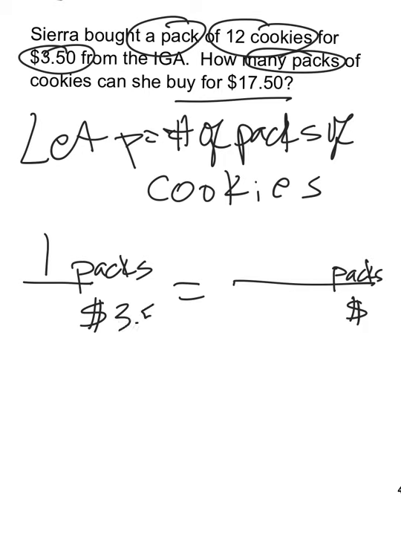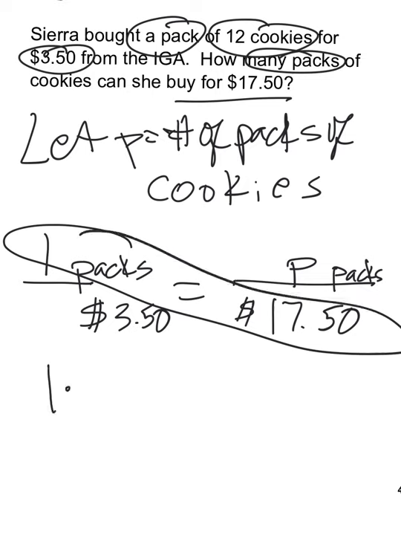is $3.50 equals, we don't know how many packs of cookies, so I'm going to put my variable there. And we do know that that is $17.50. I put my dollar sign too far to the right. $17.50. So now I'm ready to cross multiply.